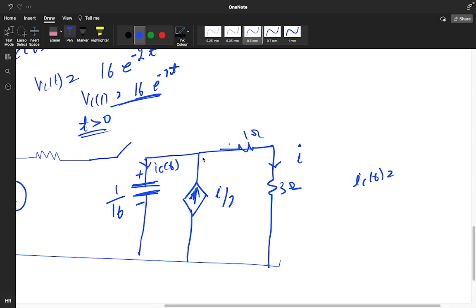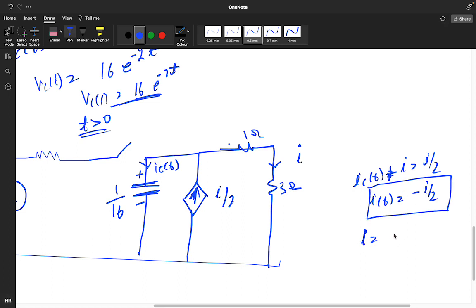Incoming current is I by 2, and outgoing current IC of t plus I is equal to I by 2. So IC of t is how much? Minus I by 2. So I is how much? I is minus 2 into IC of t.